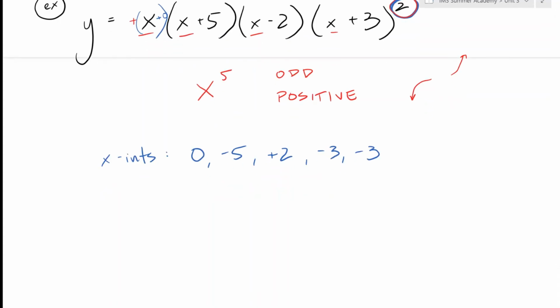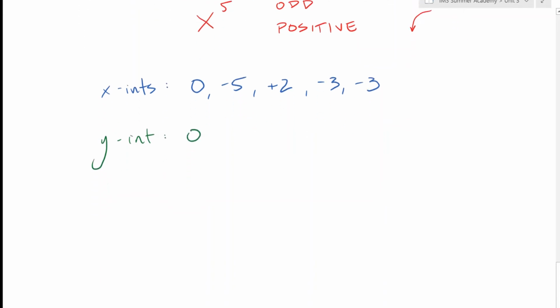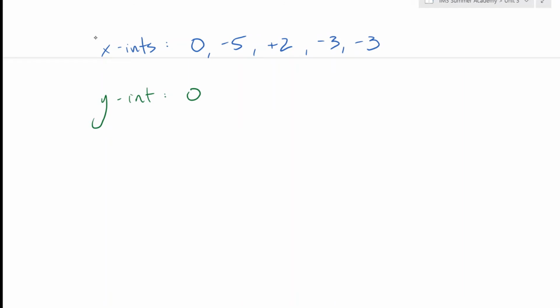If we were to plug in 0 for all the x's, my y-intercept, notice this, I plug in 0 here, that's 0 times everything else is just going to 0 it out. So let's go ahead and try and graph this.